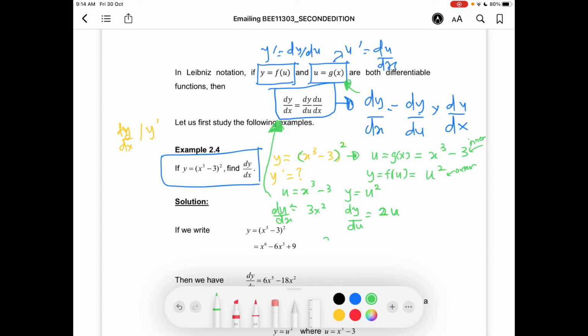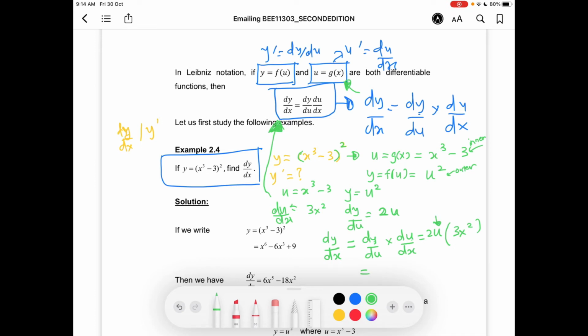Now we plug into the formula, which is dy over dx equals to dy over du times du over dx. So dy over du is 2u, du over dx is 3x squared.